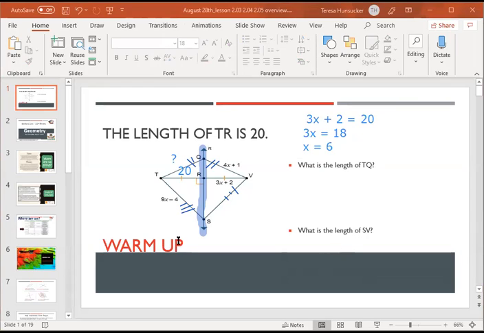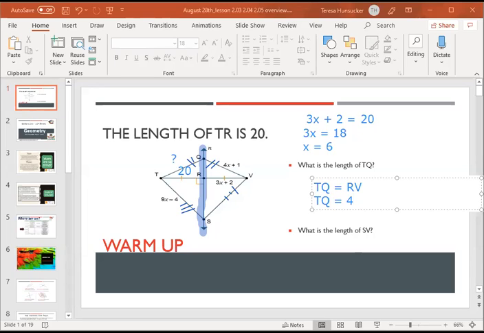All right, so what's the length of TQ? Well, it's the same length as RV. So TQ equals RV. So TQ equals 4x plus 1. Everyone understand that?